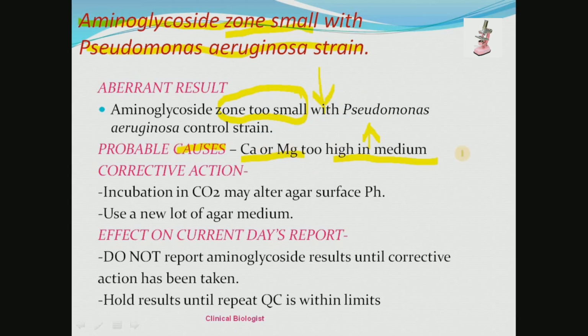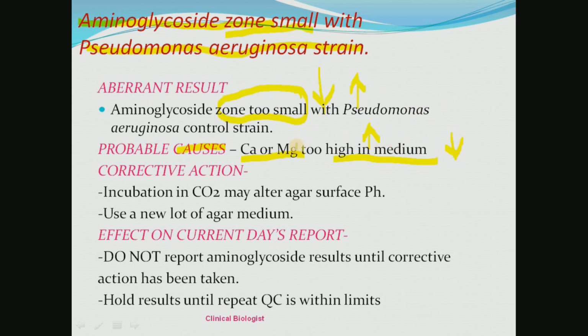The opposite action applies too: if the aminoglycoside zone is increased, the cause is a decrease of calcium and magnesium in the medium.